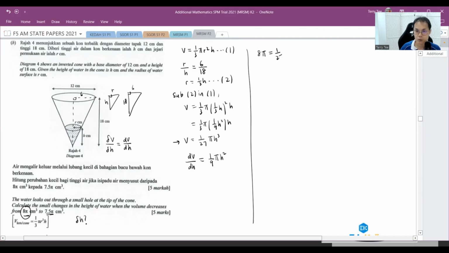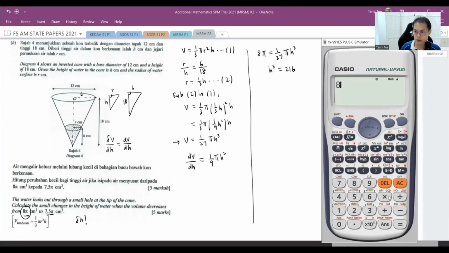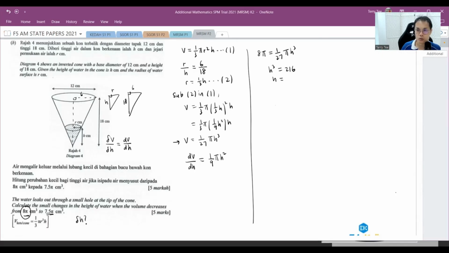We find out what your height is. So take the pi and pi cancel. 8 times 27 is 216. Again, you can't do this mentally. It's okay, calculator, 216. So when you cube root, this should be 6. Cube root of 216 is just 6.